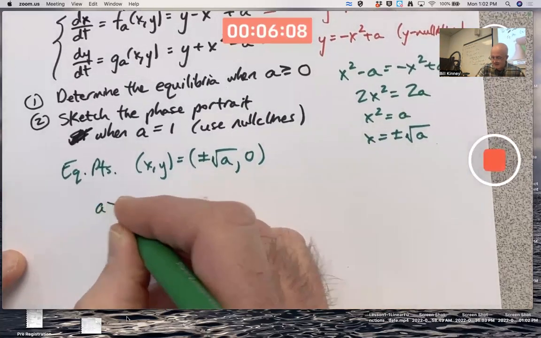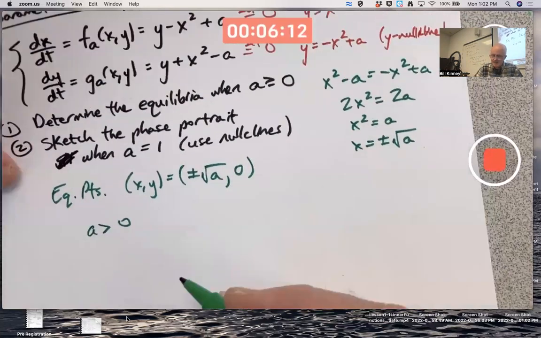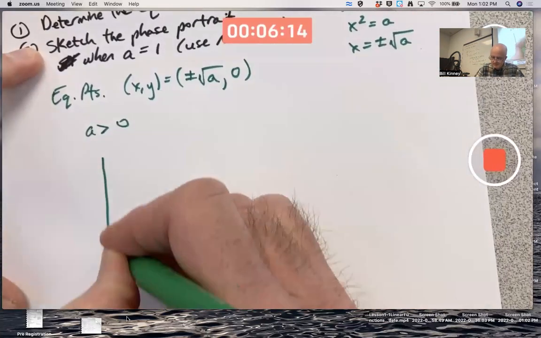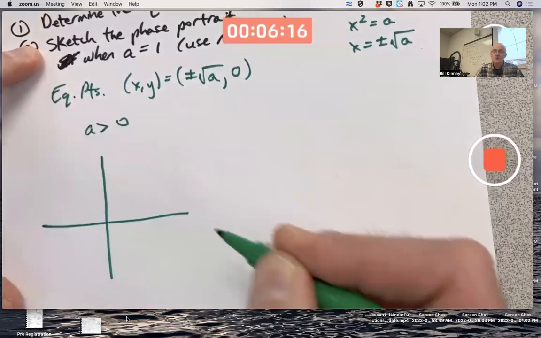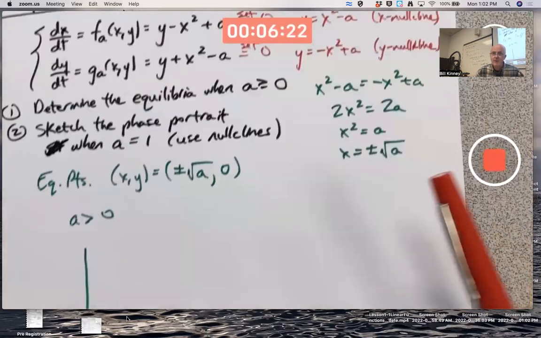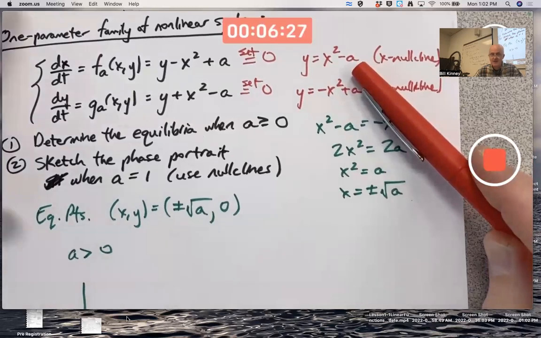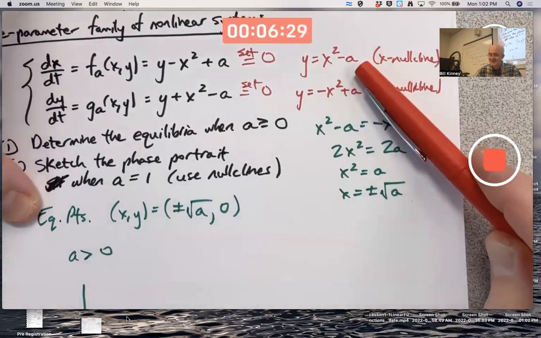If a is positive, what does the phase plane look like? Draw the nullclines to help you. The x nullcline, remember, was y equals x squared minus a, a parabola opening upward. Y-intercept at negative a.